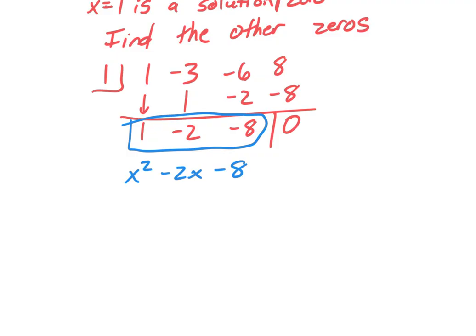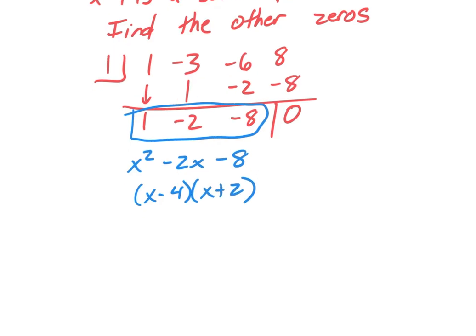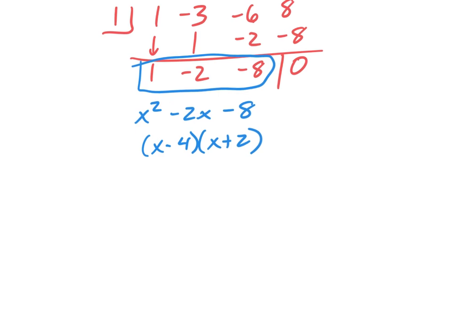What could we do? -4, 2. Yep. So those would be my two factors. If I set those equal to 0, I would get x equals 4, x equals -2. And those would be my other two zeros.